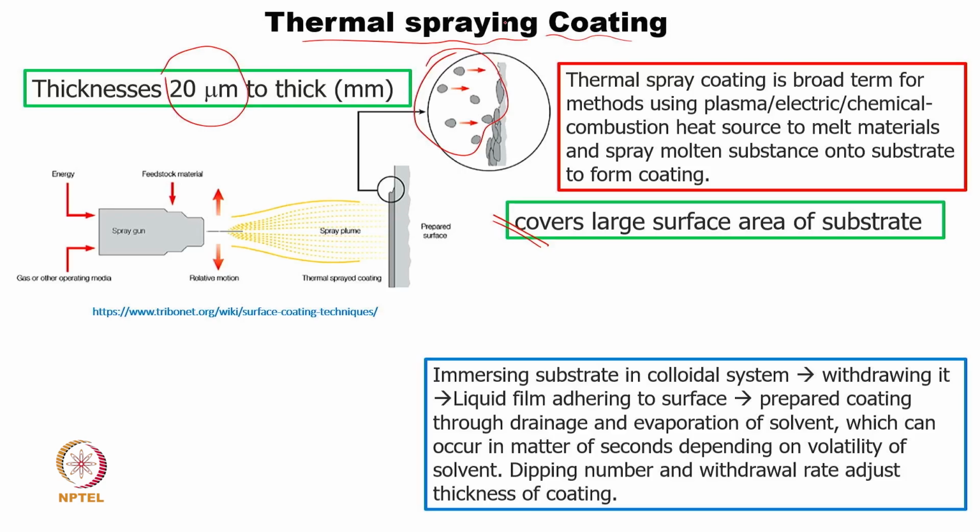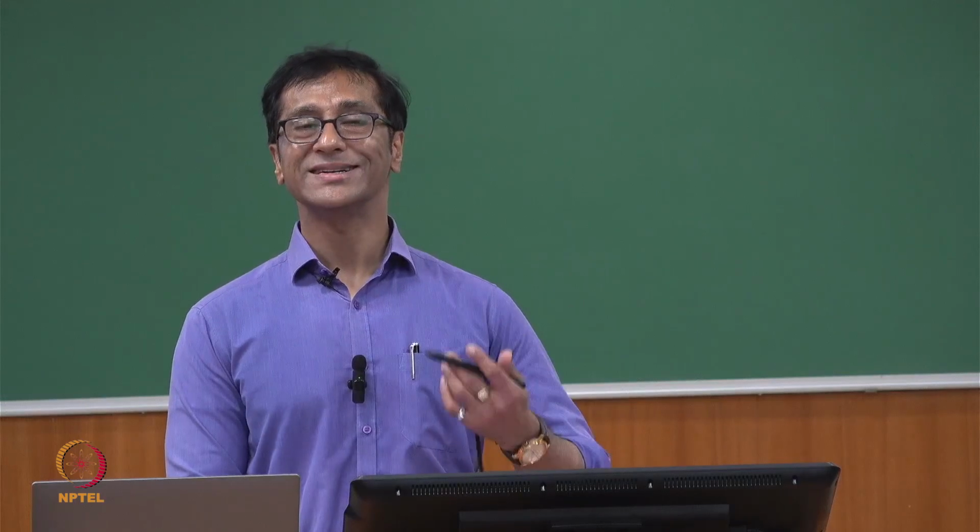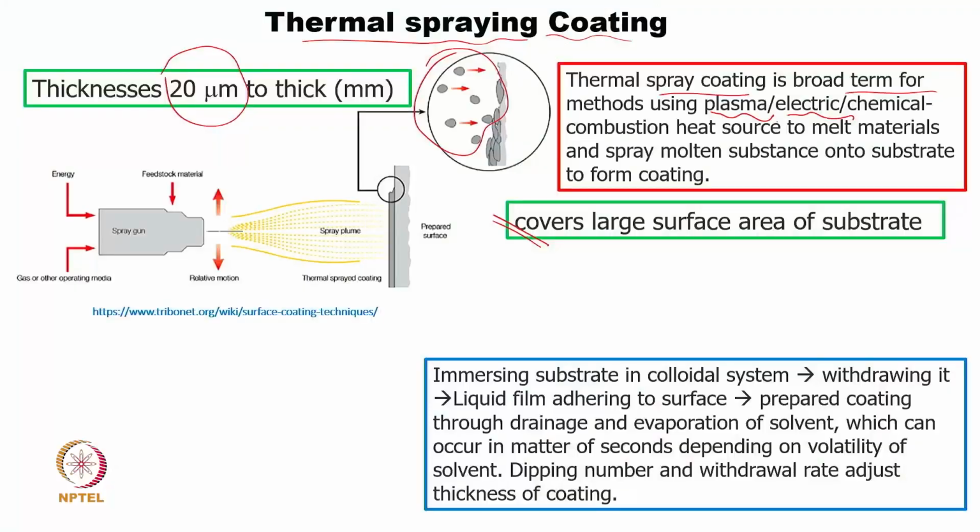So, if I want to see what are the good points of thermal spray coating, we say thermal spray coating is a broad term. Here I can use the word plasma coating also. I can use electric because we are using a thermal source where the temperature of the material is increased and which can liquefy the materials, or maybe chemical combustion, even gasoline or diesel or some sort of heat source can be used to melt materials, and we can use some sort of spray gun system, which has different kinds of variations that can be utilized.